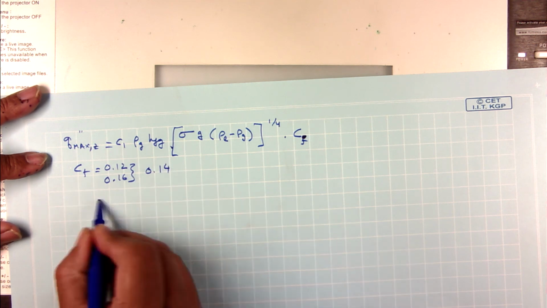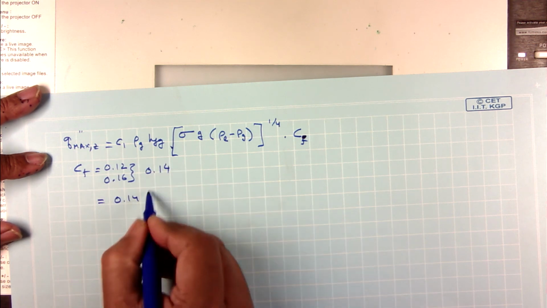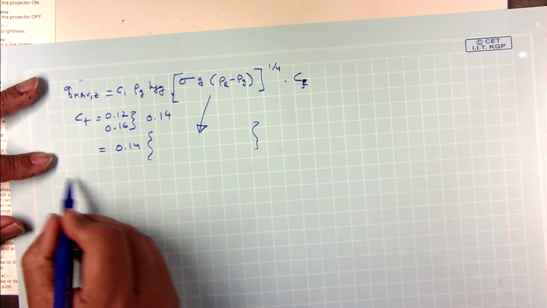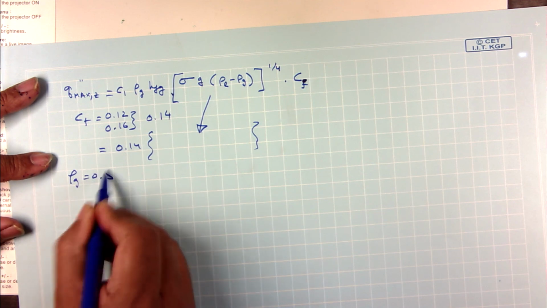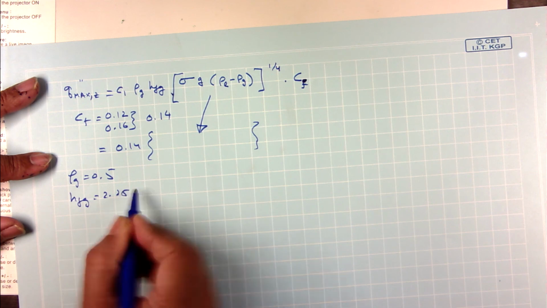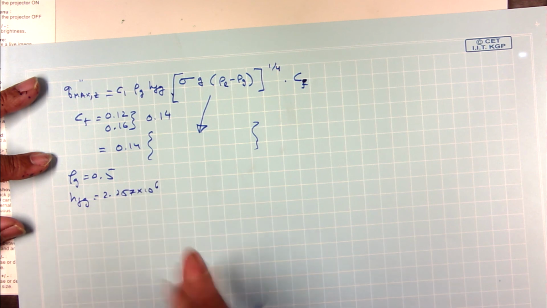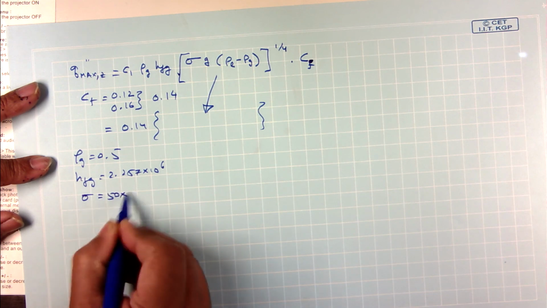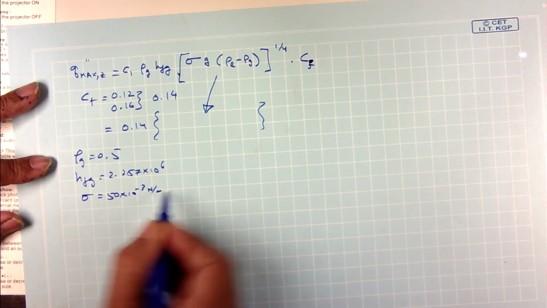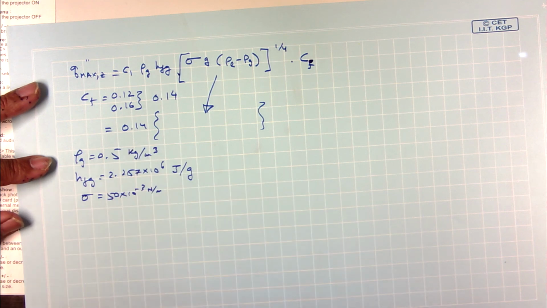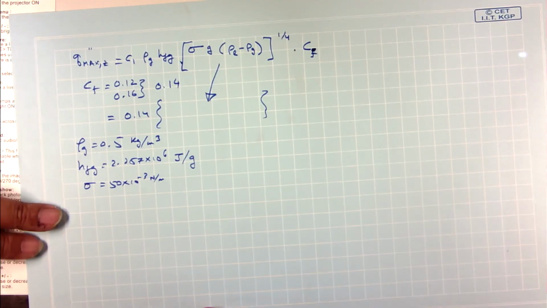So, let us assume it is 0.14 times this whole thing. So, how much is rho g? We said it is about 0.5, right. HFG is 2.257 times 10 to the power 6. Sigma was 50 times 10 to the power minus 3 newtons per meter. Anything else? I think that is all we need, right.